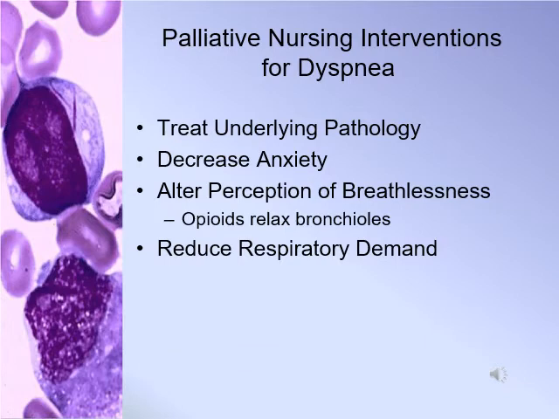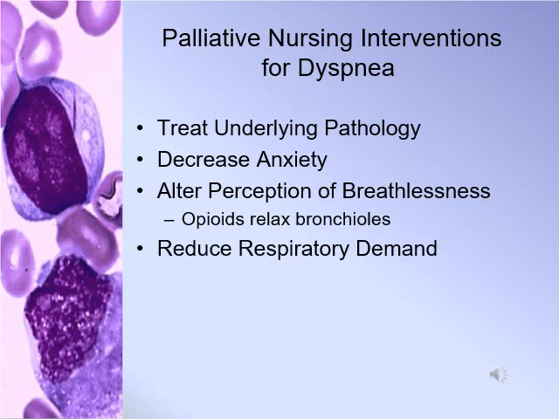Dyspnea is a very common symptom that patients will experience at end of life. So I have a separate slide just on this. Obviously, we want to treat any underlying pathology, if for some reason there is pathology where bronchodilators and steroids would be appropriate. Otherwise, we really want to just medicate to help with their symptoms and their feeling of dyspnea, such as opioids.